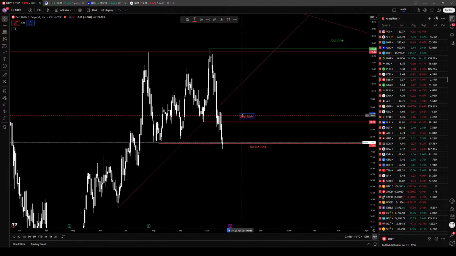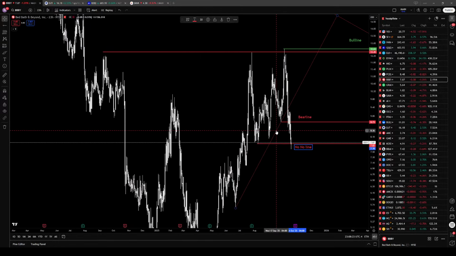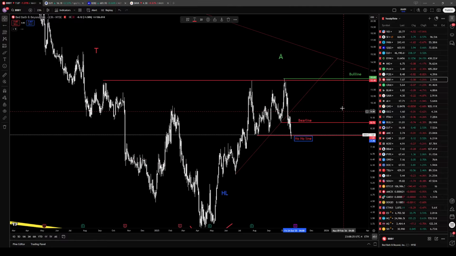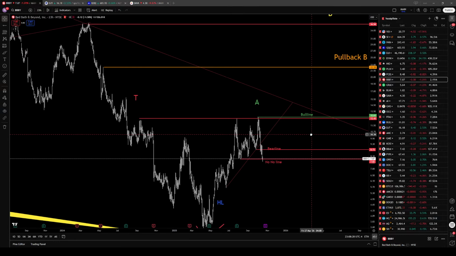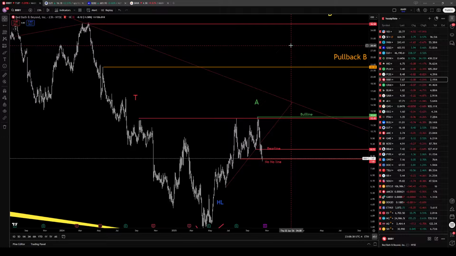No. My first line I hated to break was this one at 8.75, and the second one was my no-no line at 7.84, and we still broke it. So I always present two ways. For the bullish one, bounce here now, go over 12.60, and yay, meme is squeezing, blah blah blah.